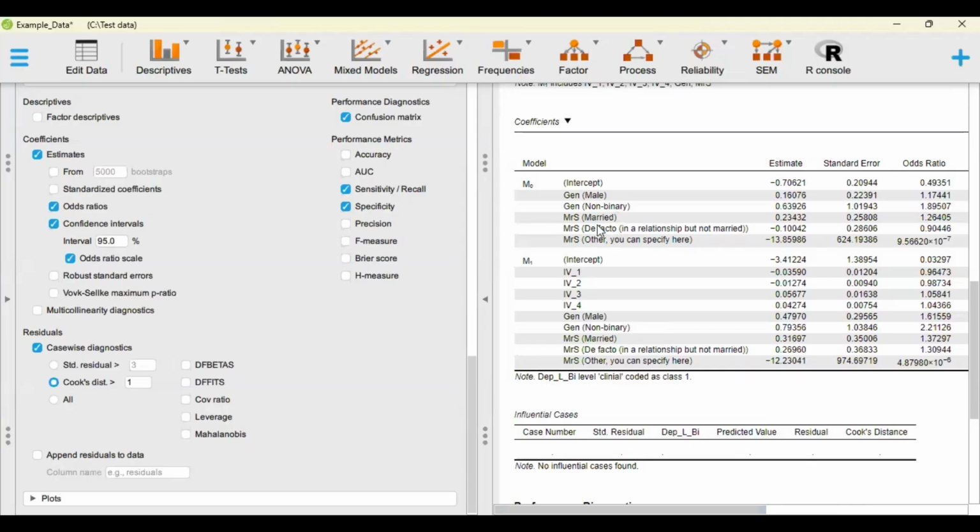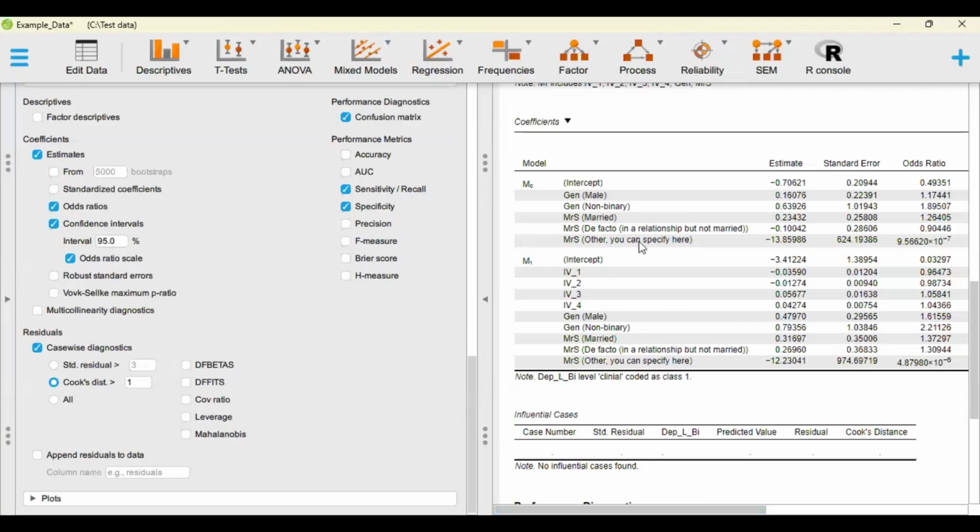So based on this regression model, I would consider that gender might be a significant confounding variable, specifically when comparing non-binary with female gender. It could be for male too. But none of them are significant.